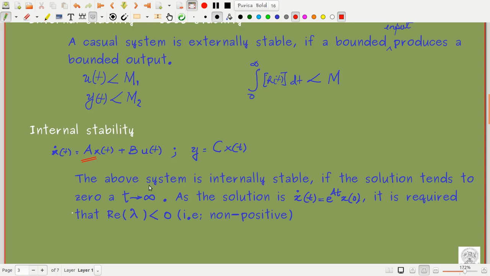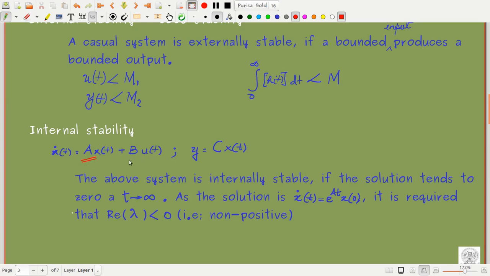Now we cannot bring a conclusion for nonlinear systems using these kinds of relations, because we cannot write a nonlinear system as x dot equal to A into x of t plus B into u of t.